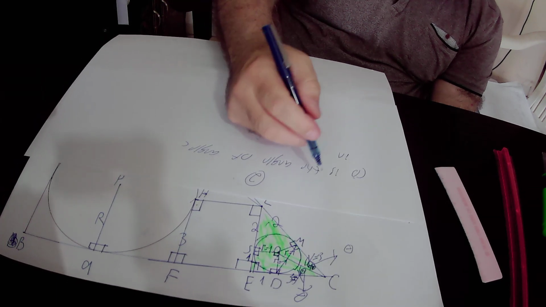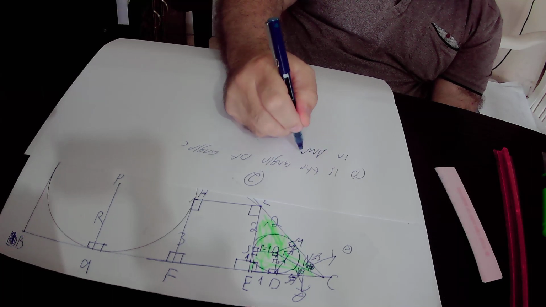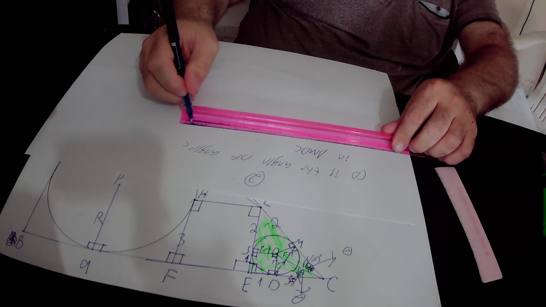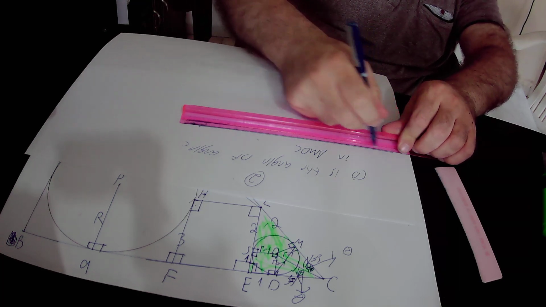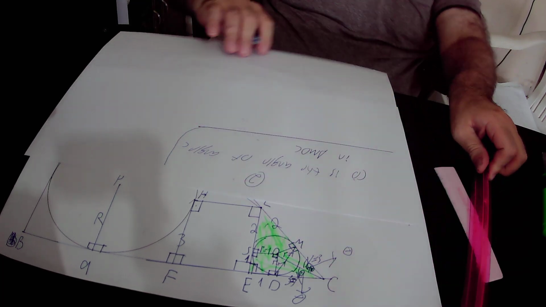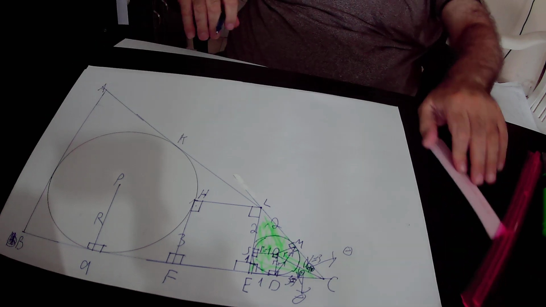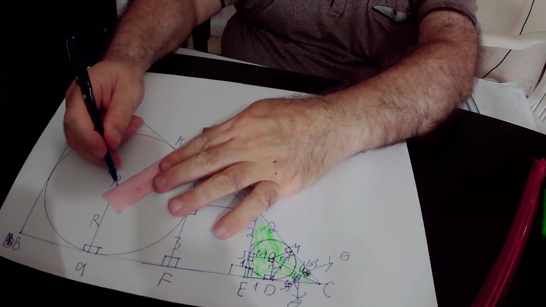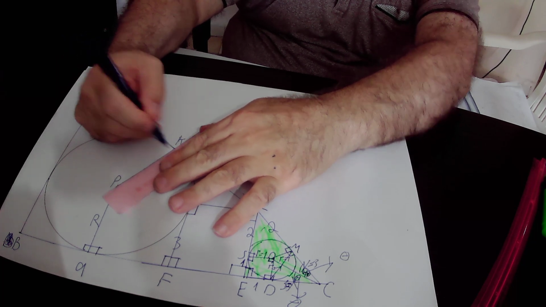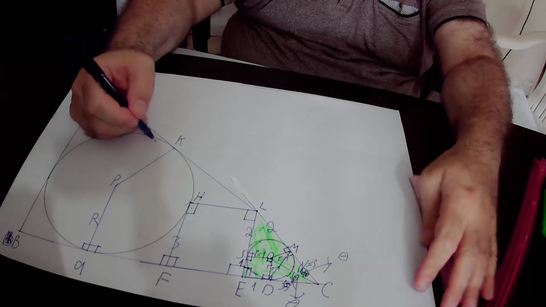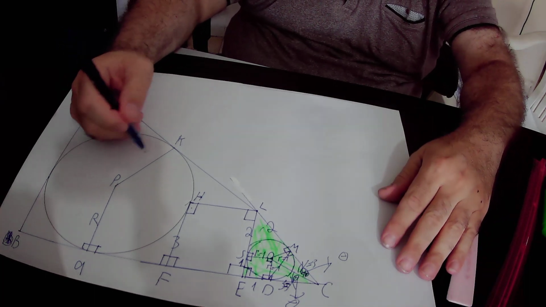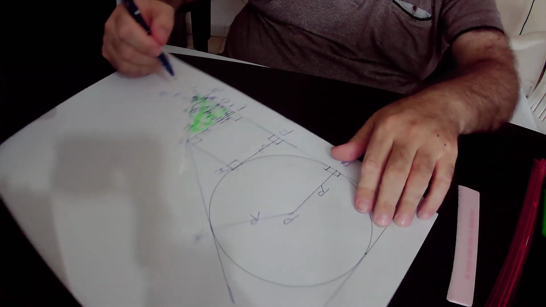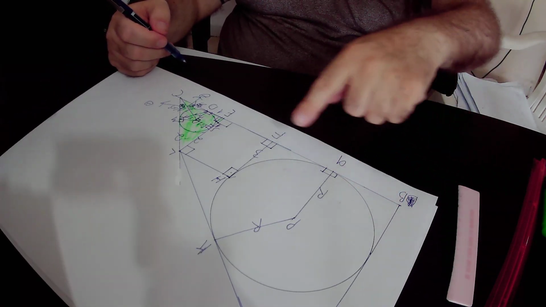Triangle MDC. Okay. We'll join points P and K together by a straight line. Point P is the center of the circle, point K is a point on the circle itself, therefore PK is the radius of the big circle that is equal to R. We'll join points C and P together by a straight line.